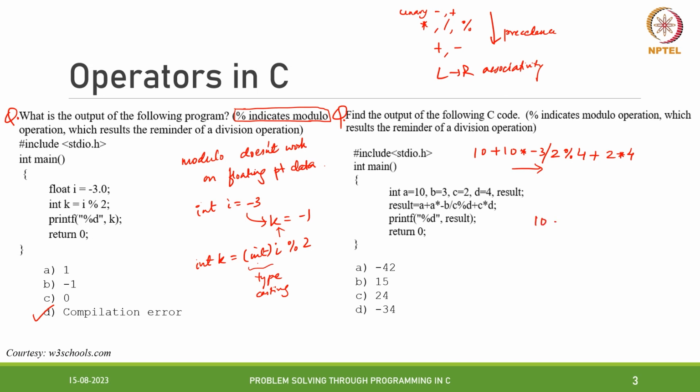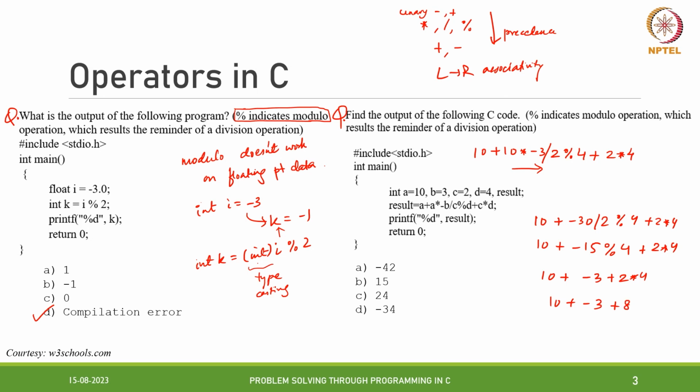Next the division takes place, so this becomes minus 15 percentage 4 plus 2 multiplied by 4. Then minus 15 modulo 4 will be minus 3, then minus 3 plus 2 multiplied by 4, then 10 plus minus 3 plus 8.